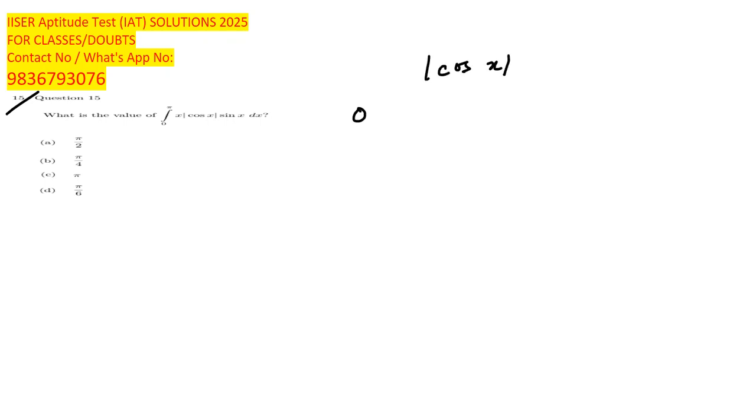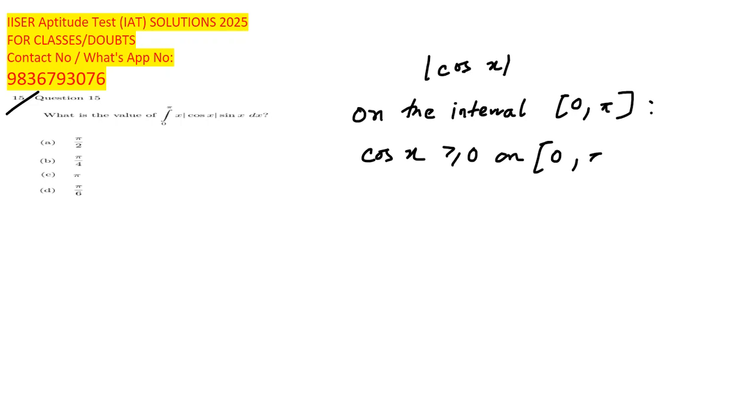So here on the interval 0 to pi, cos x is greater than or equal to 0 on 0 comma pi by 2. Okay, and cos x is less than 0 on pi by 2 comma pi.